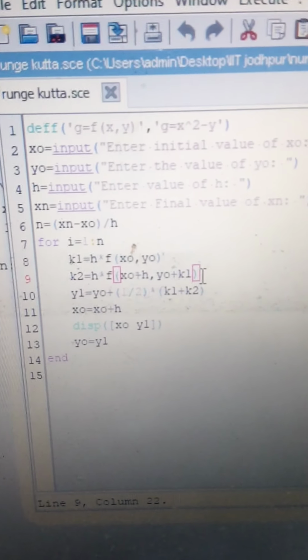Okay, so now let us simulate in Scilab also. I will show you the same in Scilab also. So you all can see here the program, same equation over here. So see, what does the third order Runge-Kutta method state?